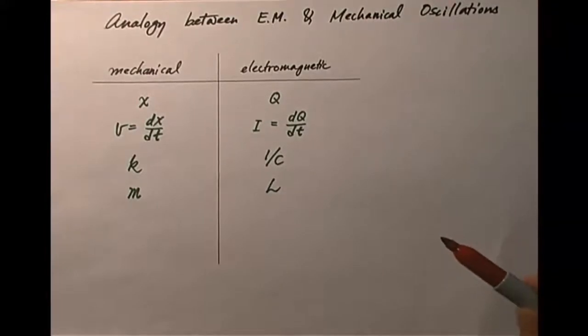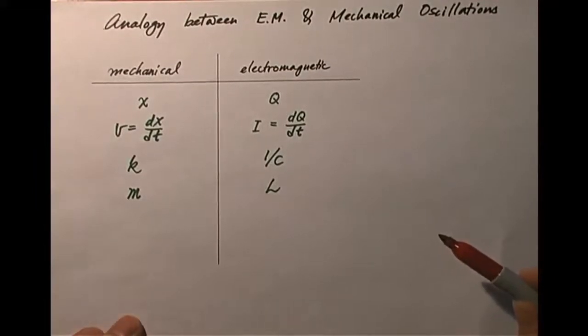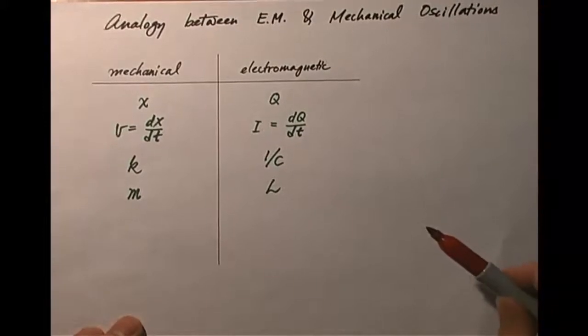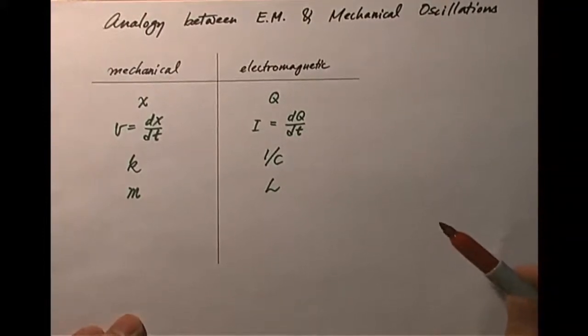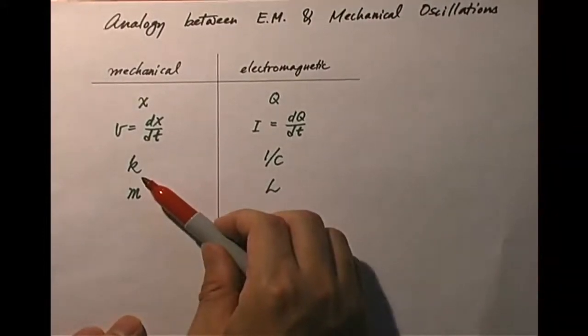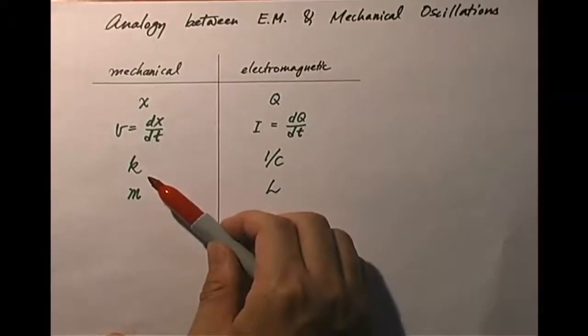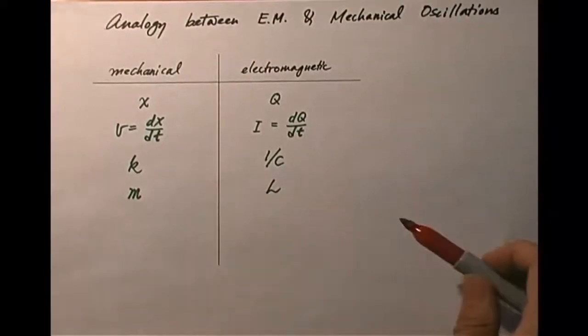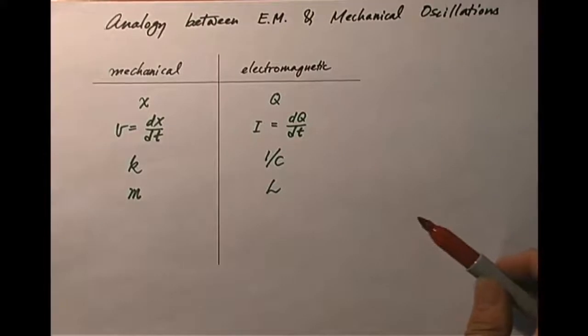It doesn't respond with a lot of EMF. Okay, actually, with a lot of potential difference, right? This means that a large capacitor behaves just like a soft spring, not a strong spring. Okay, a soft spring, because a soft spring means you pull it with a great deal of displacement. It doesn't really respond with a lot of force.